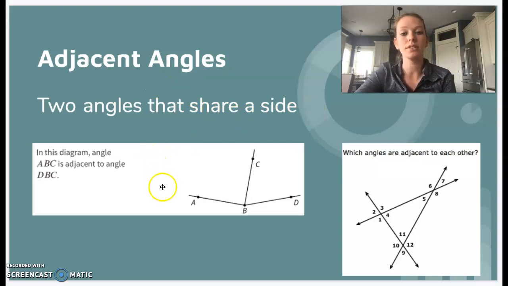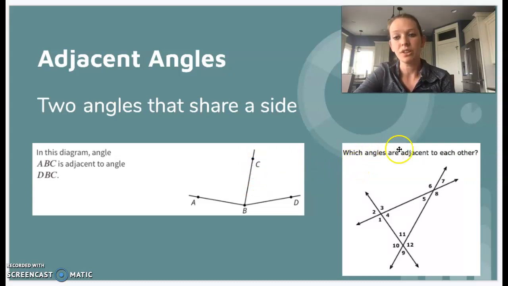So here you can see this angle ABC is adjacent to, is next to, angle CBD. Or as you can see over here, they wrote it a different way. They said DBC. And again, it doesn't matter which way you would say it.